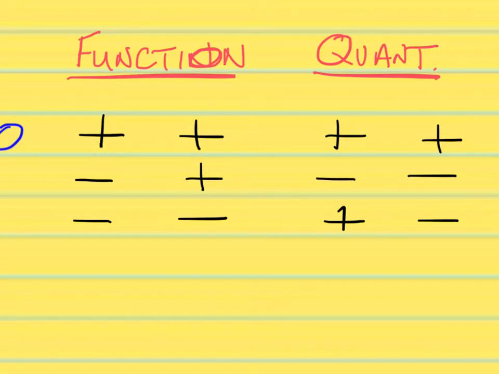And if you have plus minus in the function, then you're going to have plus minus in the quantities. Know this chart. You must remember it. You cannot use a cheat sheet on the test. It is not much to ask for you to remember this chart.